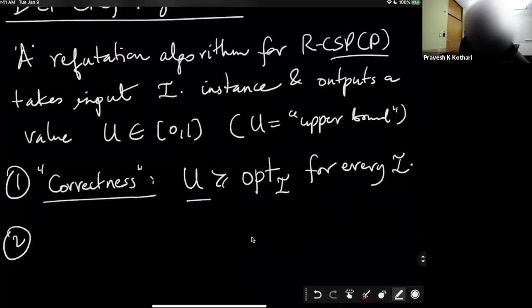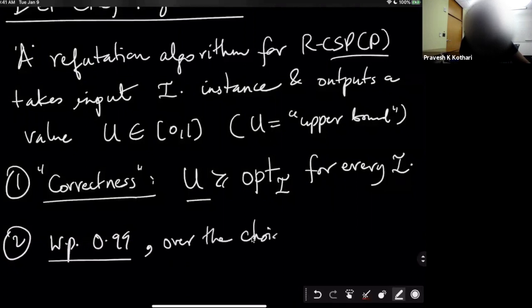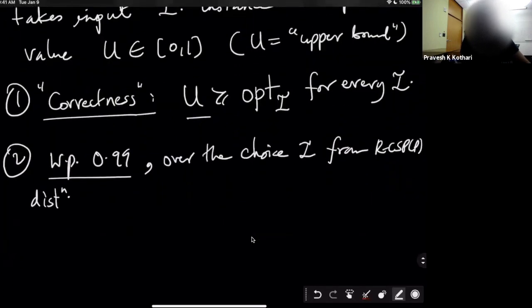And so, I'm going to force you to do something interesting by asking that with probability at least 99% over the choice of the instance I from the random CSP P distribution, like the sampling process that we described earlier, it should hold that U is at most 1 minus delta for some delta bigger than 0.